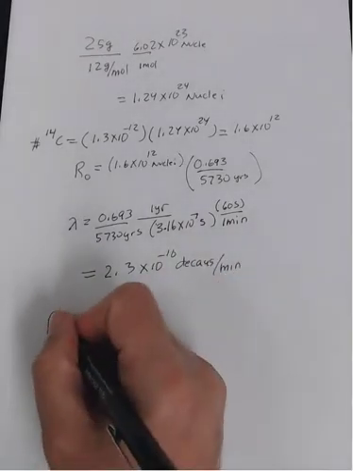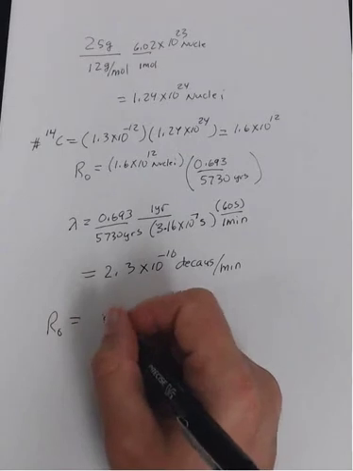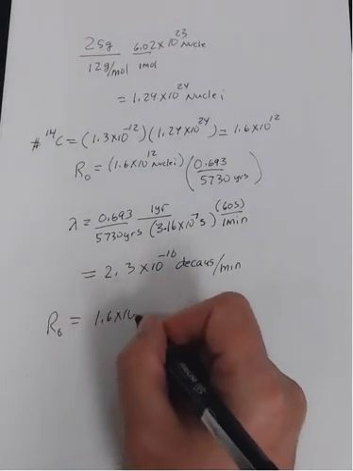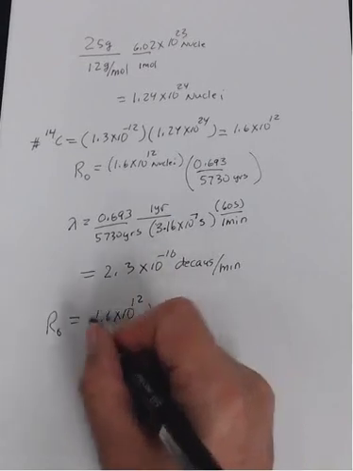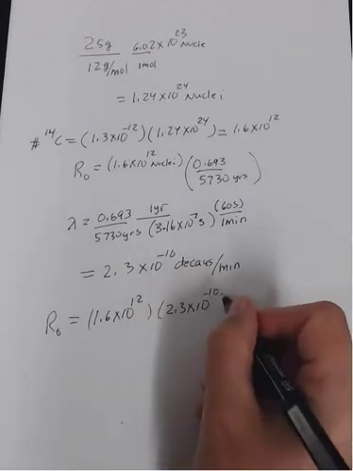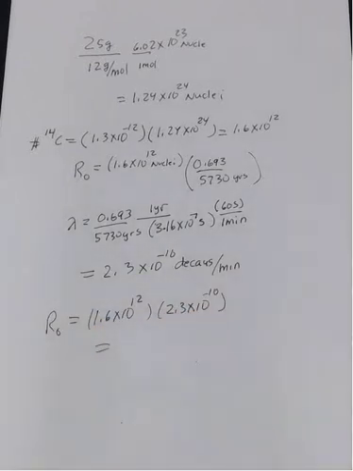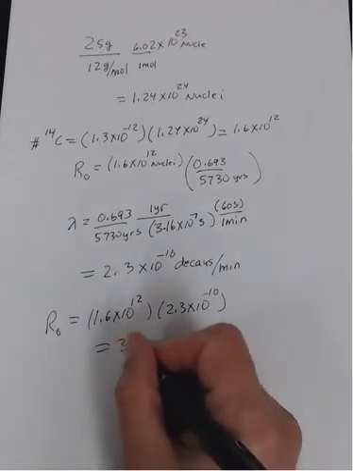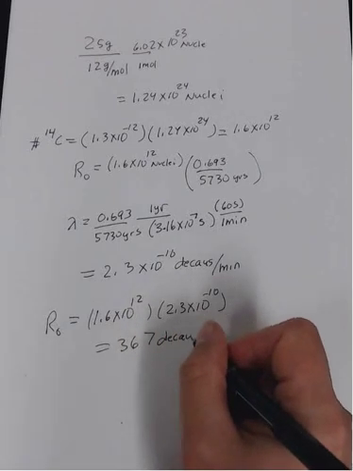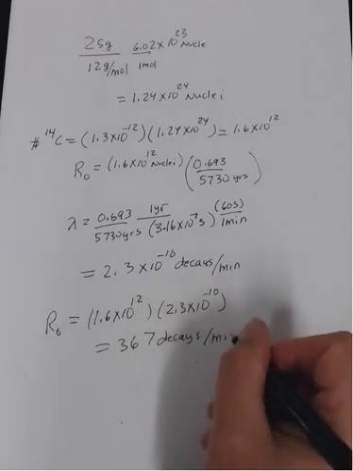So R naught should have been our number we started with, which was 1.6 times 10 to the 12 nuclei times 2.3 times 10 to the negative 10. So I get 367 decays per minute.